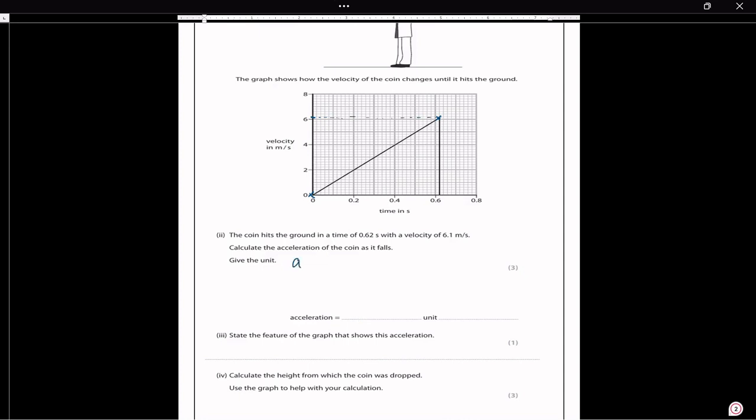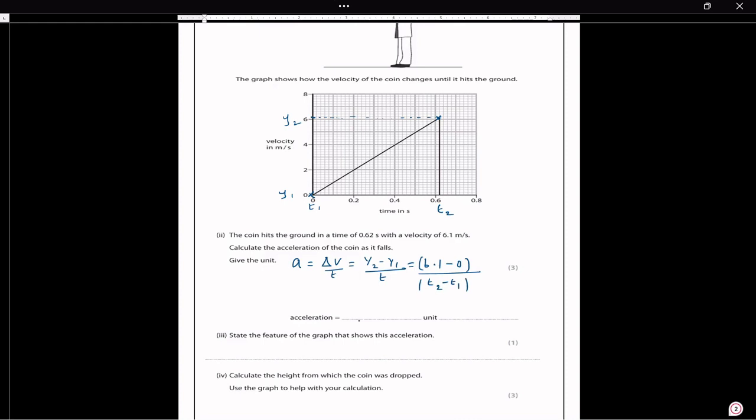So we can write acceleration. It is a change in velocity over time, y2 minus y1 over time. This is y2 and this is y1. So it will be 6.1 minus 0 over, in fact this is t2 and this is t1. So time is t2 minus t1.